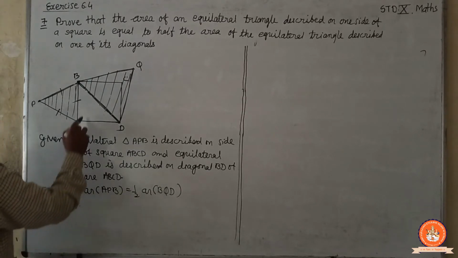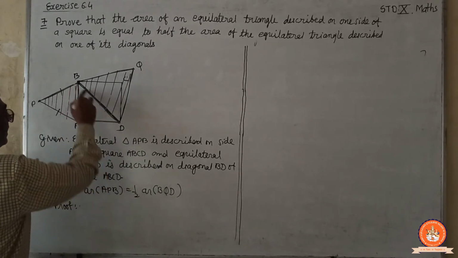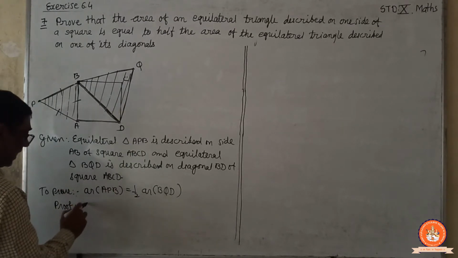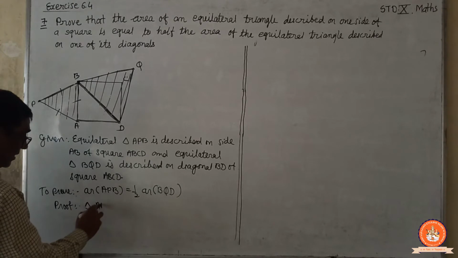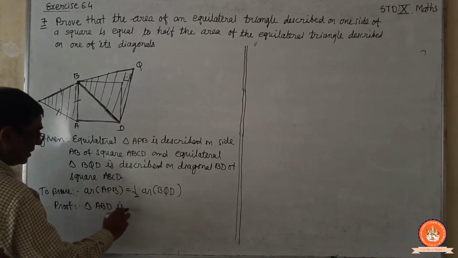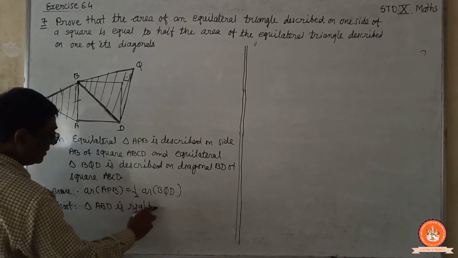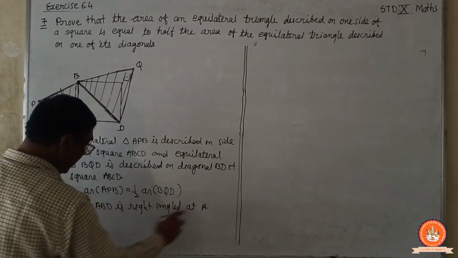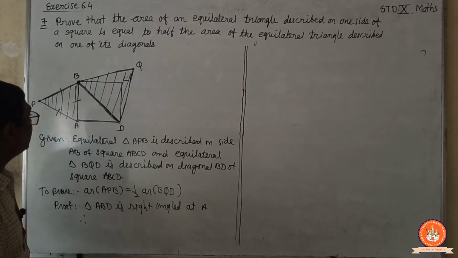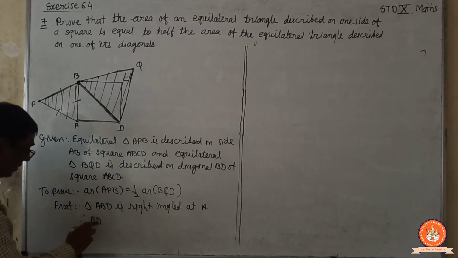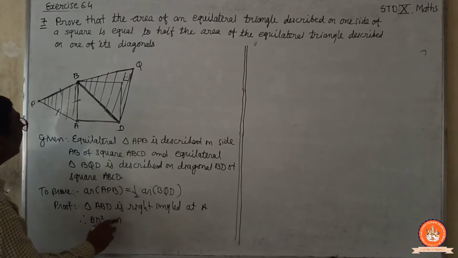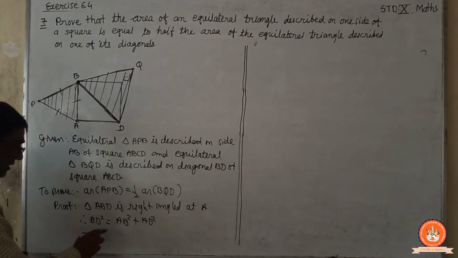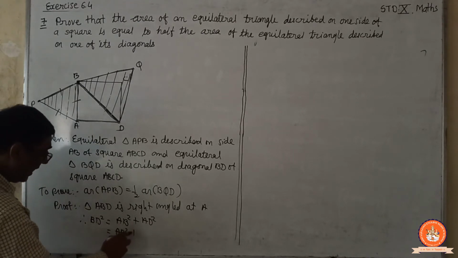So look at it. This is a right triangle. Triangle ABD is right angled at A, and therefore as per Pythagoras theorem BD square is equal to AB square plus AD square. Okay, my friends, but AB square and AD square are the same.